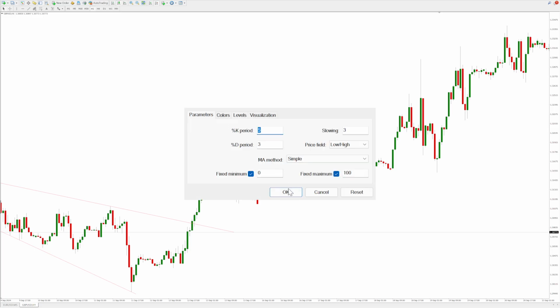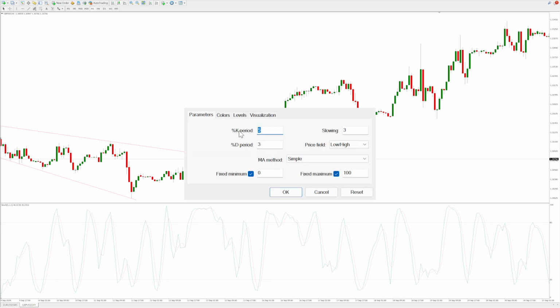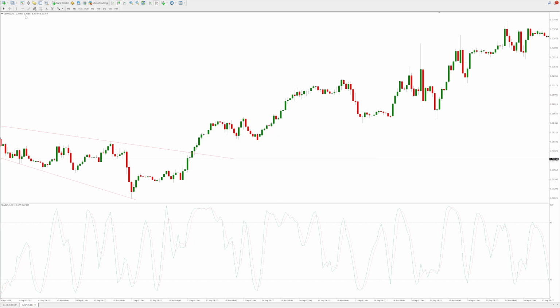let's have a look at, put the stochastic oscillator on the chart. Basically with this indicator, if you don't know already, you're going to look to buy when price is in the oversold zone and or the main line is above the signal line, ideally on a crossover in this oversold zone is what most people would use as a stochastic signal.